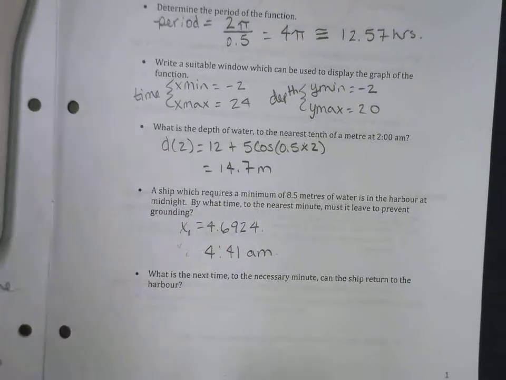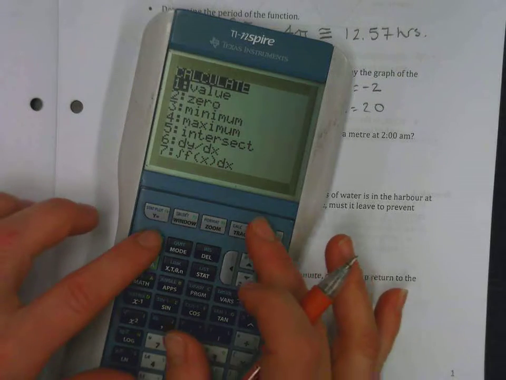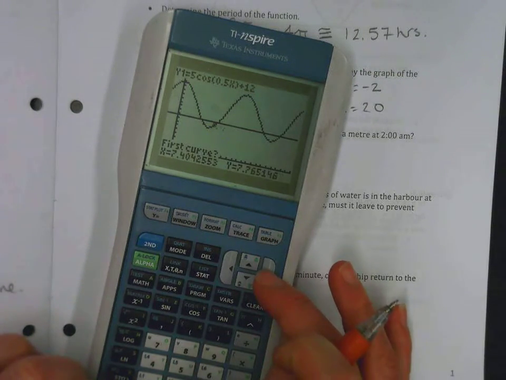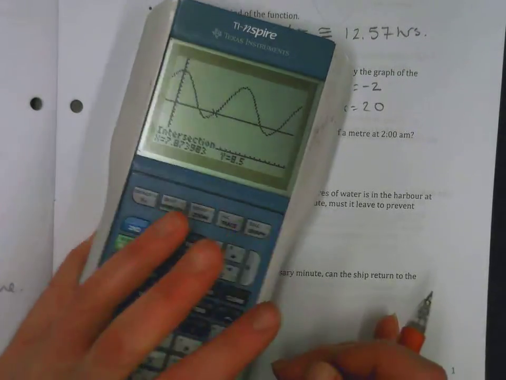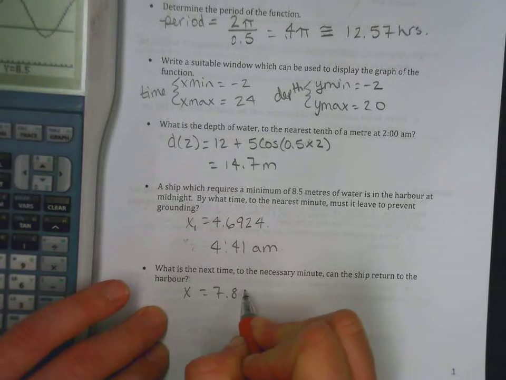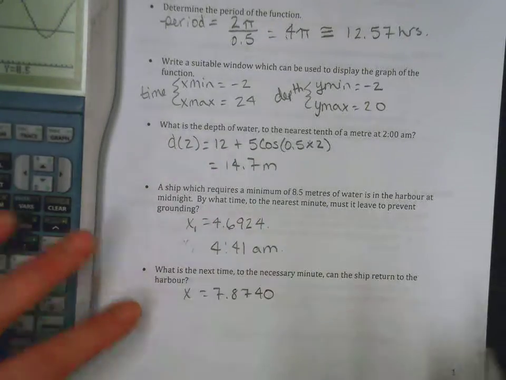And then what is the next time to the nearest minute that the ship can return? So we're going to go second trace to number 5 for intersect. We are now finding the second intersection point. This is the time when he can return, which is at 7.8740.